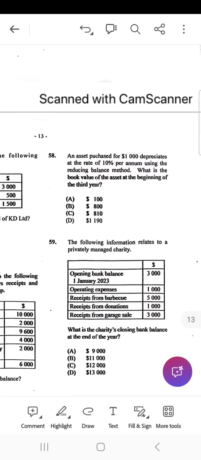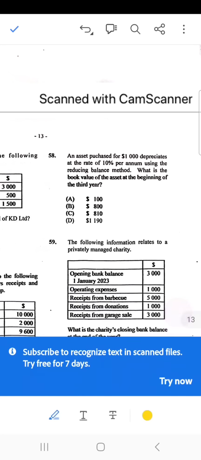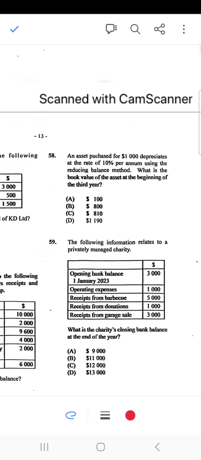Number 58. An asset purchased for 1,000 depreciates at a rate of 10% per annum using the reducing balance method. What is the book value of the asset at the beginning of the 3rd year? In the first year, it would have lost 10% of 1,000, which is 100.